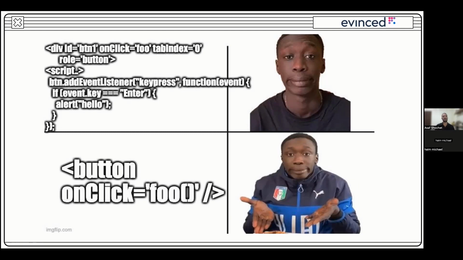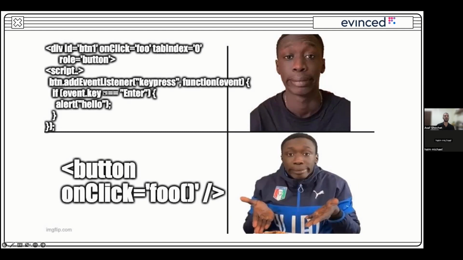Meaning that if you as a developer use the button element, it gives you all the things for free. It puts the button in the tab order. It supports key presses. It has a focus indication, not very pretty, but you can style it. And it also tells assistive technology that this is a button. So if they give us something for free, let's take it.